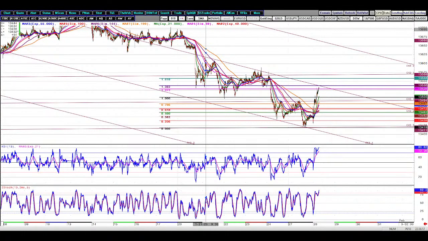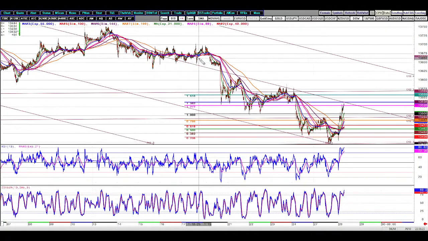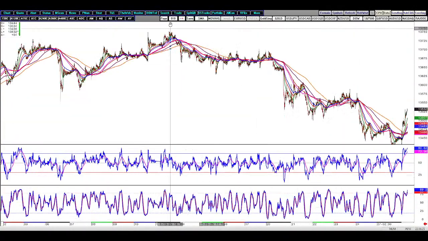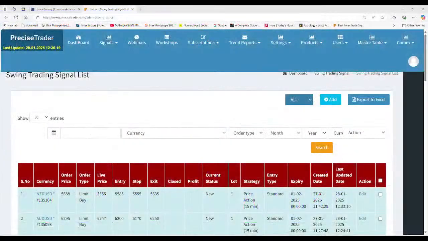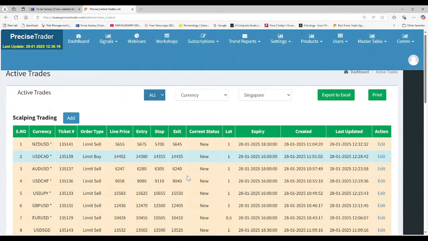Okay, this should be our price flow. So still in a downtrend, but this is a correction, so we should see the price moving up, then eventually coming down. Okay, so let's see what call we have given for this.